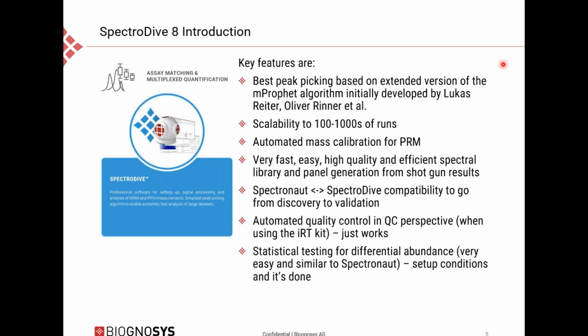Comparable to Spectronaut, SpectroDive also has an integrated quality control perspective, which uses the iRT kits, as is done, for example, in our dedicated QC software. Further, SpectroDive 8 also does statistical testing for differentially abundant candidates. As with most of our software, again, it's very similar to what Spectronaut does. It is set up in a similar way, and it's very straightforward.